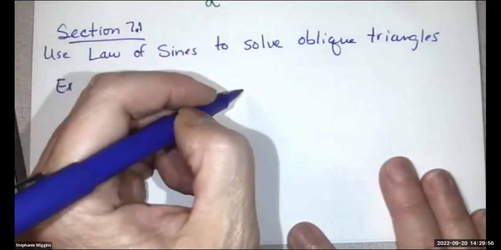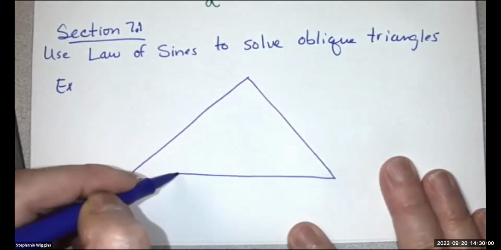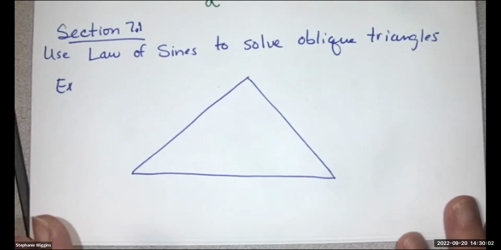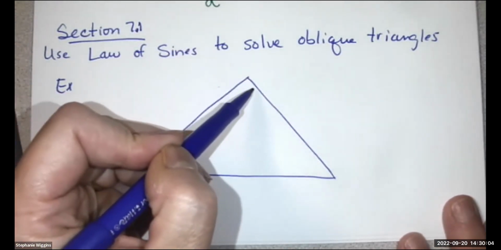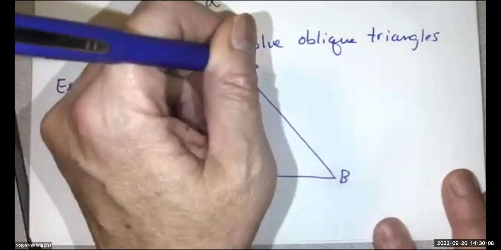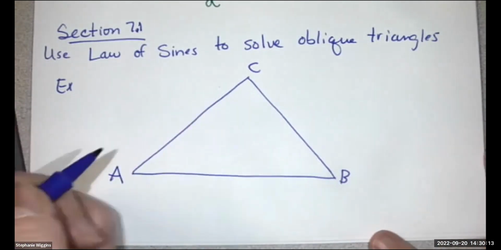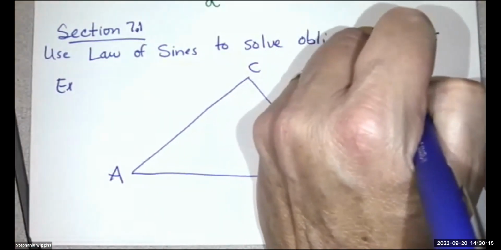Well, let me just go back to my triangle here. And notice I'm not drawing any right angles. Well, that kind of looks like a right angle, but let's just pretend it's not. And we have our angles A, B, and C. No right angles.